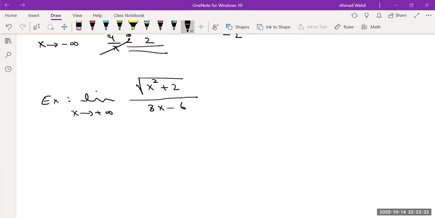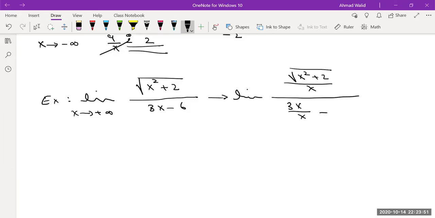What you do? Apply your method, divide everything by x. But I want to explain something here for you. Limit. The numerator will be the square root of x squared plus 2 over what? Over x. Denominator, no problem: 3x over x minus 6 over x, still as x approaches positive infinity.